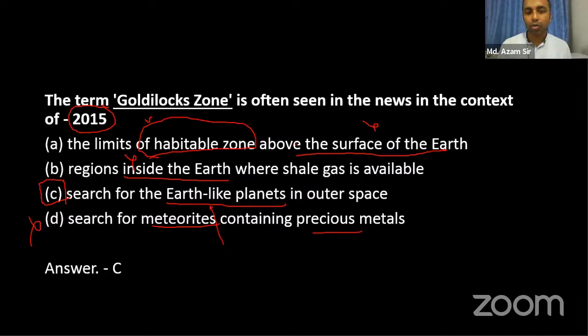So the Goldilocks zone is that zone where life can survive, and Earth is lying in that zone of the star Sun. So the quest for the Goldilocks zone is to find an Earth-like planet, or in simple words, where life can survive. So this was another question. Even simple questions are not that simple, you can see.